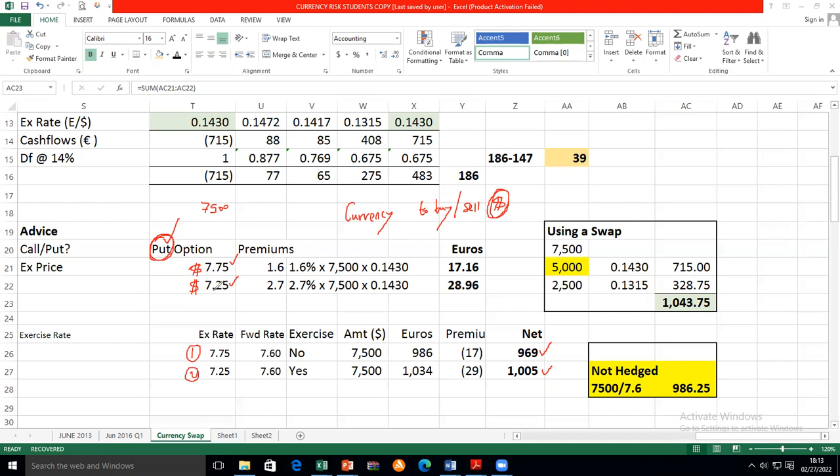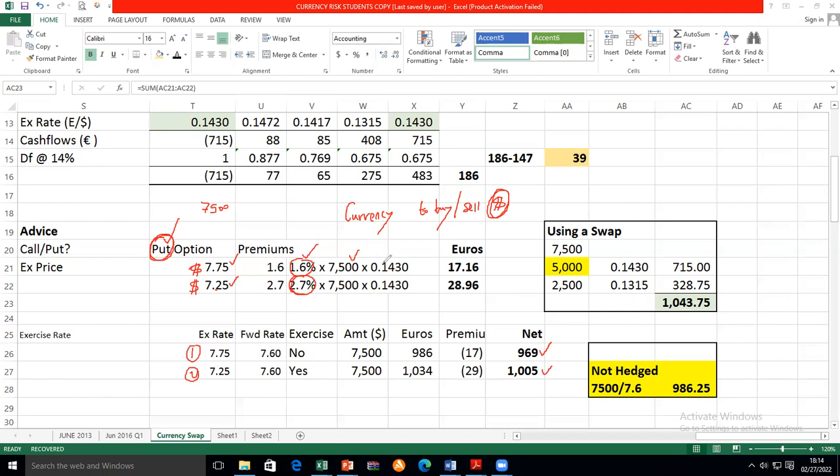If you want to divide by this one, so to get more, you pay a premium of how much? 2.7. But if you want to divide by this one, you're allowed to pay what? 1.6. So the percentage multiplied by that gives you the cost of your options in dollars.